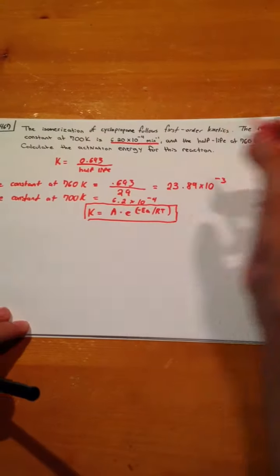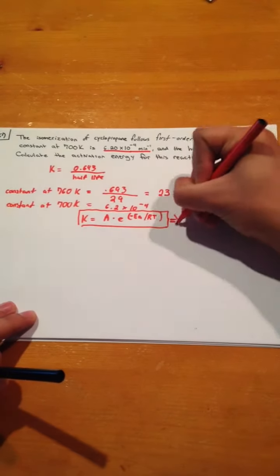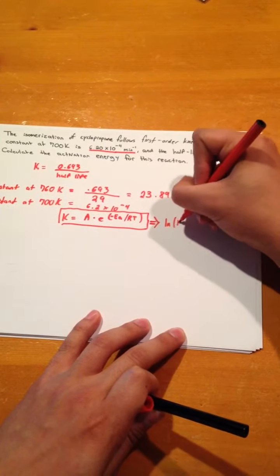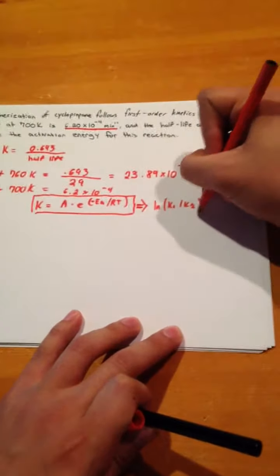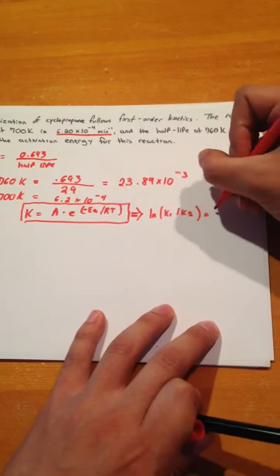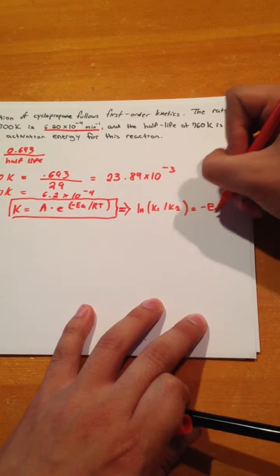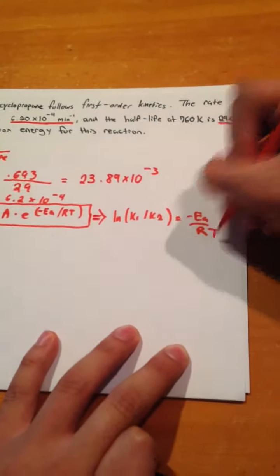And then you could change that to equal the log of k1 divided by k2, and then it's going to equal the same negative Ea divided by R, and then of course the temperature term. So that's the other way you could write it.